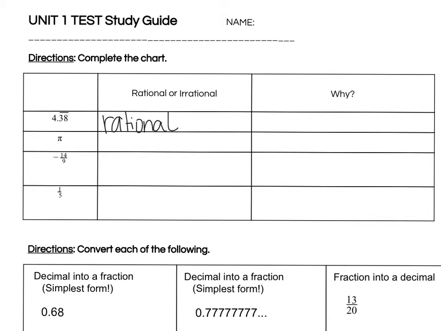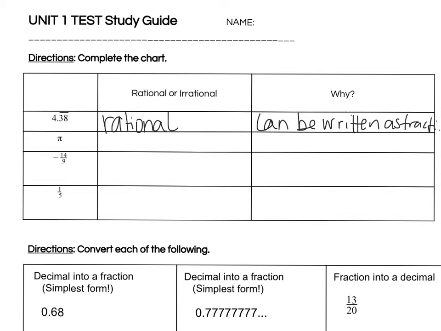Remember, we discussed how rational numbers can be written as fractions. Even though it is repeating, it can be written as a fraction. We will, later on, if you glance down, be changing a repeating decimal into a fraction. So, it can be written as a fraction.